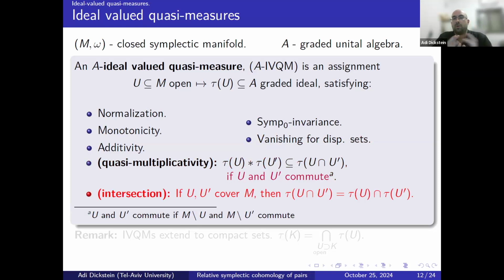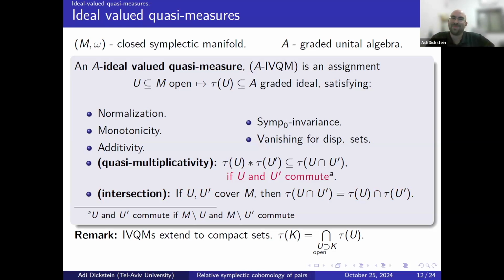It says that if we have a cover of M by two sets, then the measure of the intersection equals the intersection of the measures. We can also extend this object to compact sets just by taking intersections over open sets that contain a specific compact set.